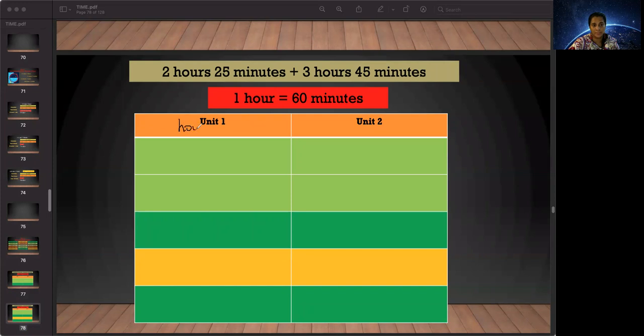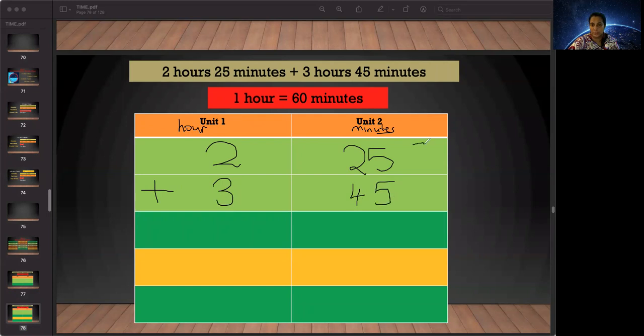There are 2 units here, your hours and your minutes. Now write out your number: 2 hours 25 minutes, plus 3 hours and 45 minutes.